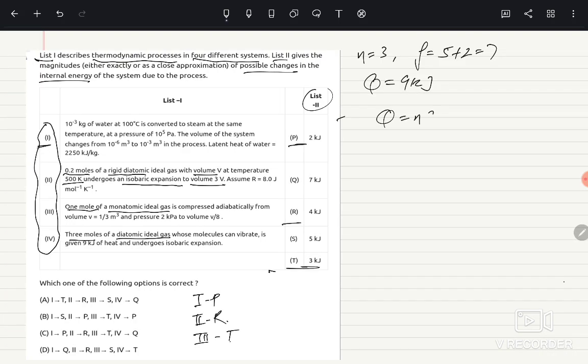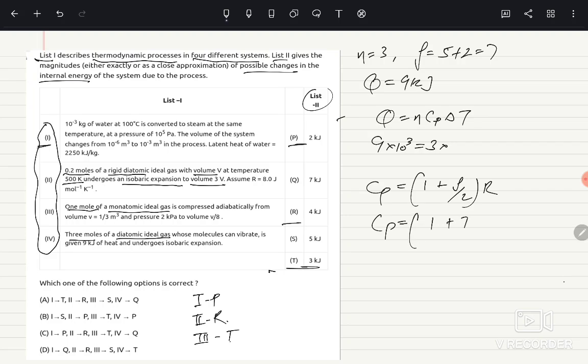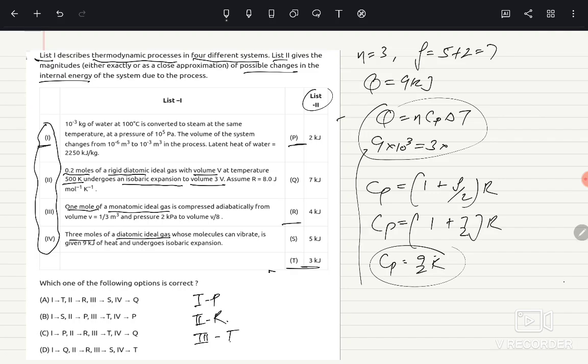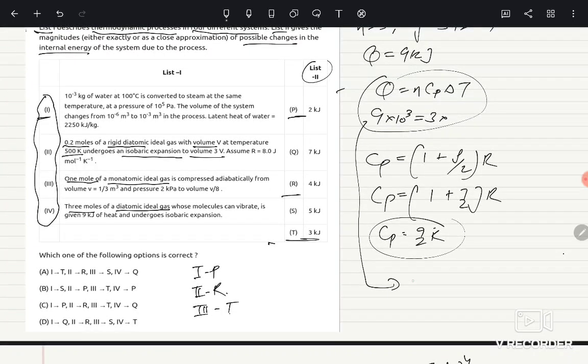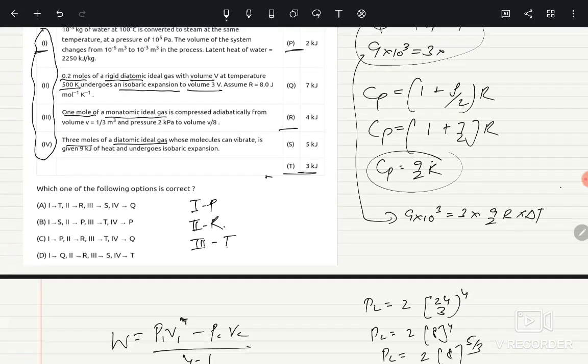So Q equal to n Cp delta T we can write, and 9 kilojoule is given, n is given as 3. Cp we can calculate from degrees of freedom as (1 plus F by 2) R. So Cp will be (1 plus 7 by 2) R, that is 9 by 2 R. So we can put the Cp value in this: Q is 9 into 10 to the power 3, 3 is the number of moles, Cp value is 9 by 2 R. We can get delta T from here.